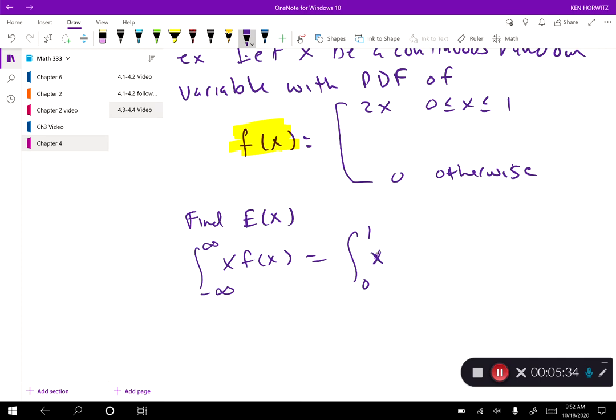Our f of x at this point is 2x. And I can simplify that to 2x squared dx. At this point, I want you to pause the video, and I want you to execute your integral, and we'll talk about the answer on the back end.